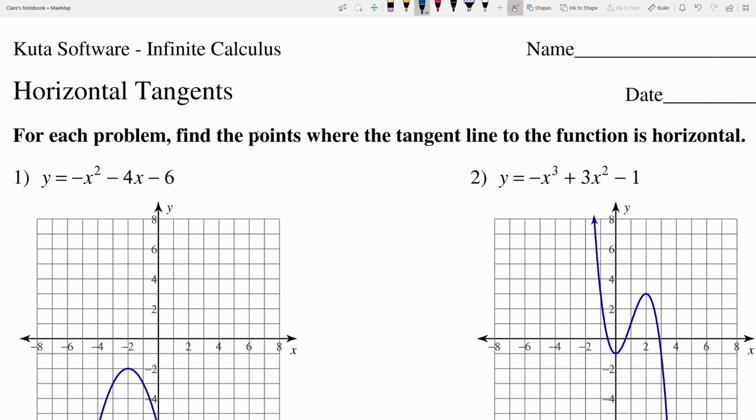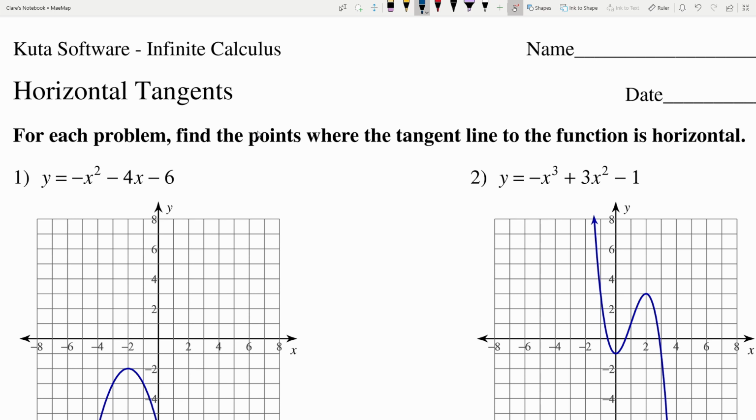So in order to have a horizontal line, what does the slope have to be? 0, right? The slope has to be 0 in order to have a horizontal line. So if we're trying to find horizontal tangents, remember, the tangent line is formed by using the derivative at any given point. So the derivative of our function helps us get the slope at any given point.